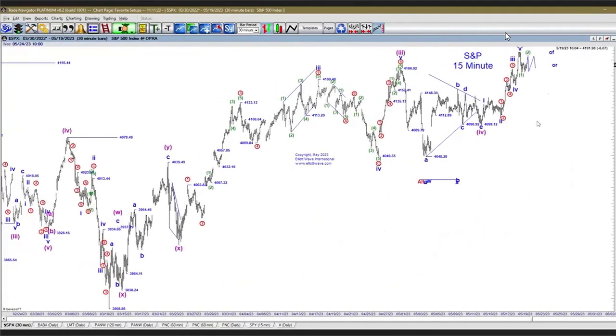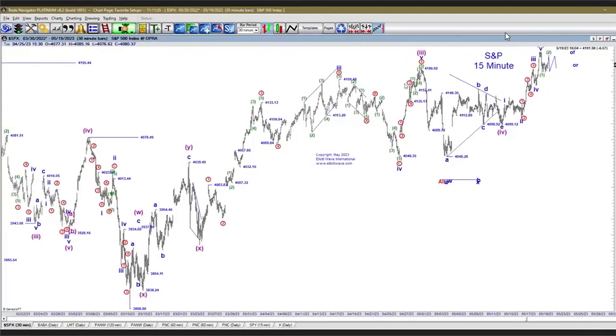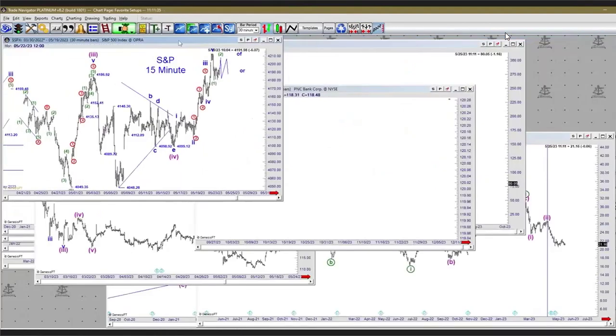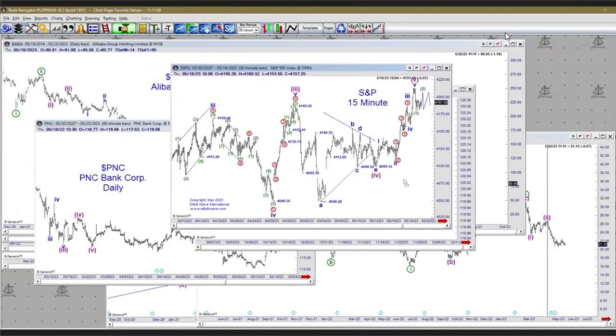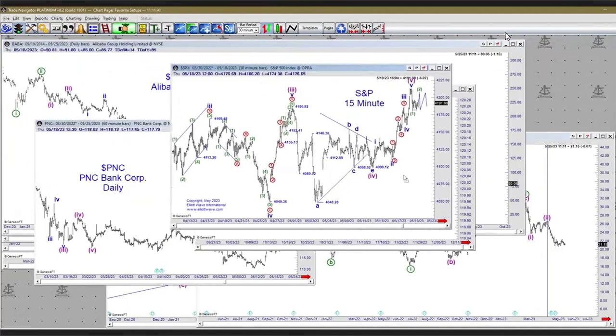All right, and that would be what we're seeing here. Let me get a better view, because sometimes I update the counts retroactively on these running wave counts.